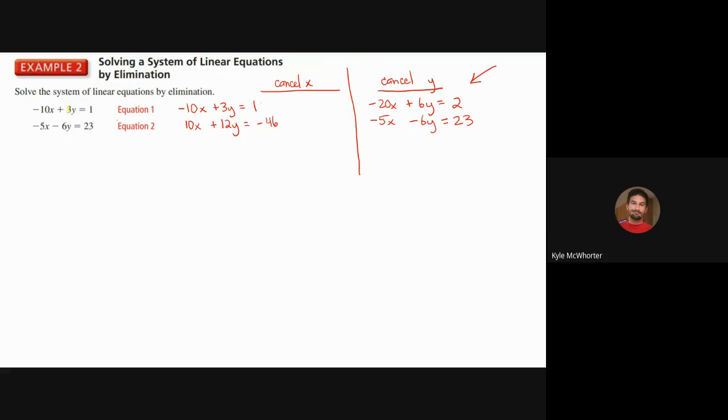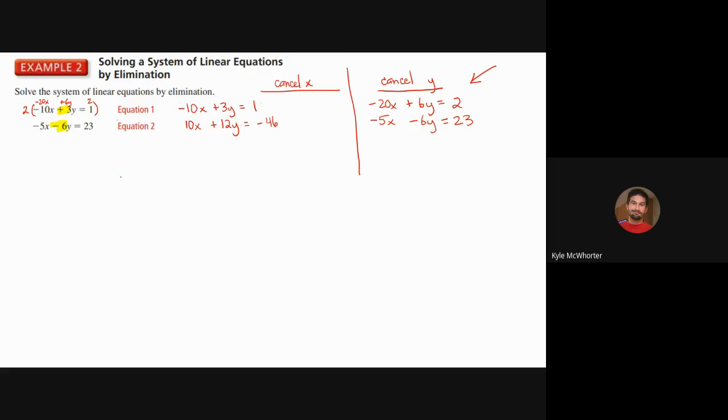So I would look here and be like, all right, if I was to multiply by 2, then I would have a positive 6 up top. So this is probably the way that I would go. I'm going to multiply that by 2 so that I get a positive 6y right here. And then you have to remember, when you're multiplying the equation, you have to distribute to everything on both sides of the equal sign.